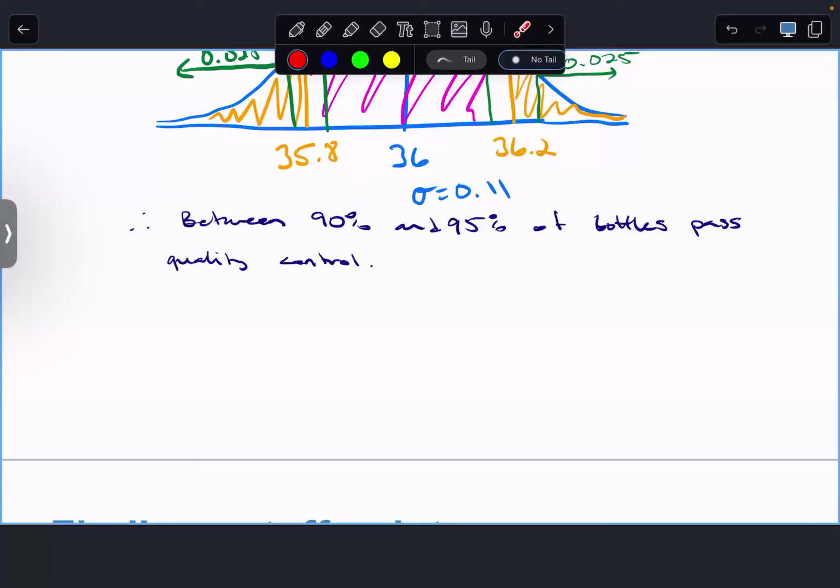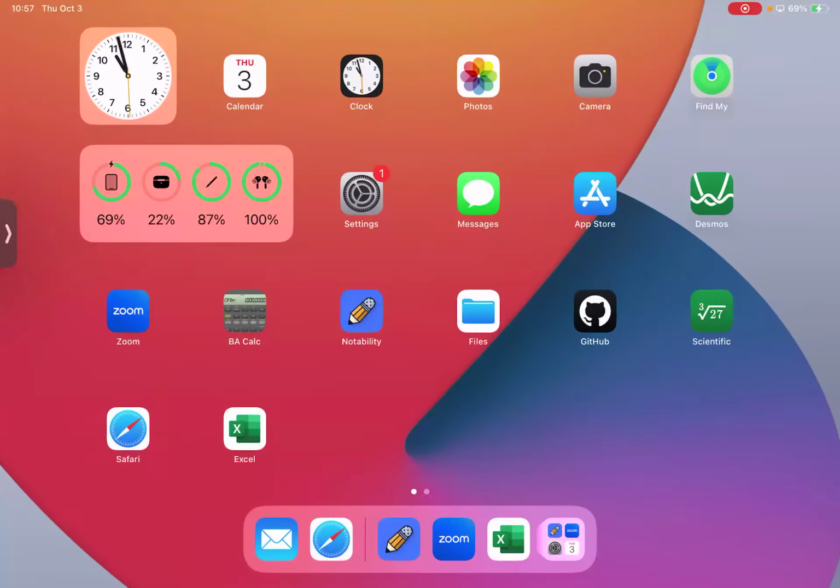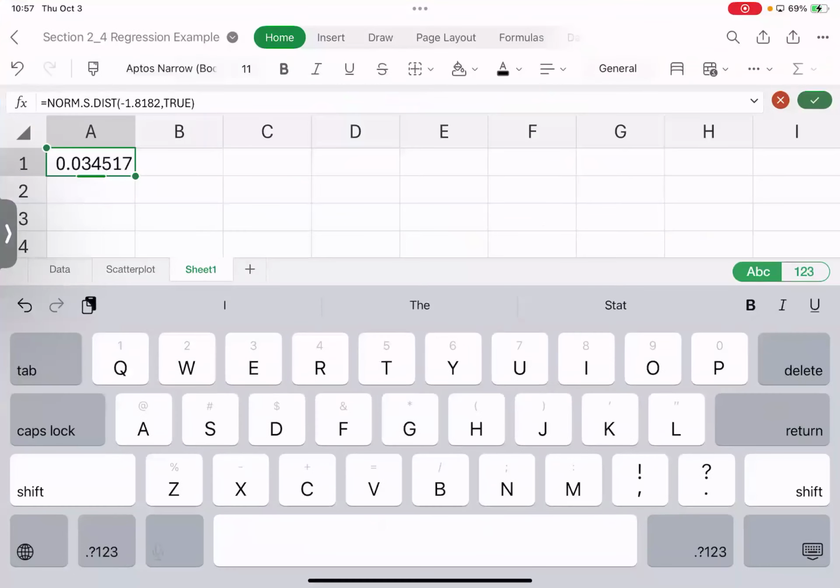Okay. How about in Excel? How are you going to do it in Excel? So I have the area in one of the tails, and I know by symmetry the other tail has to be the same, right?